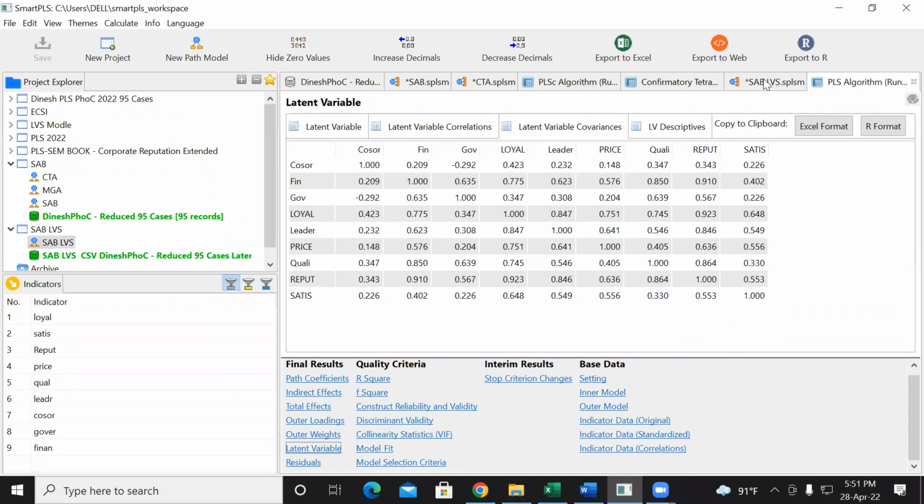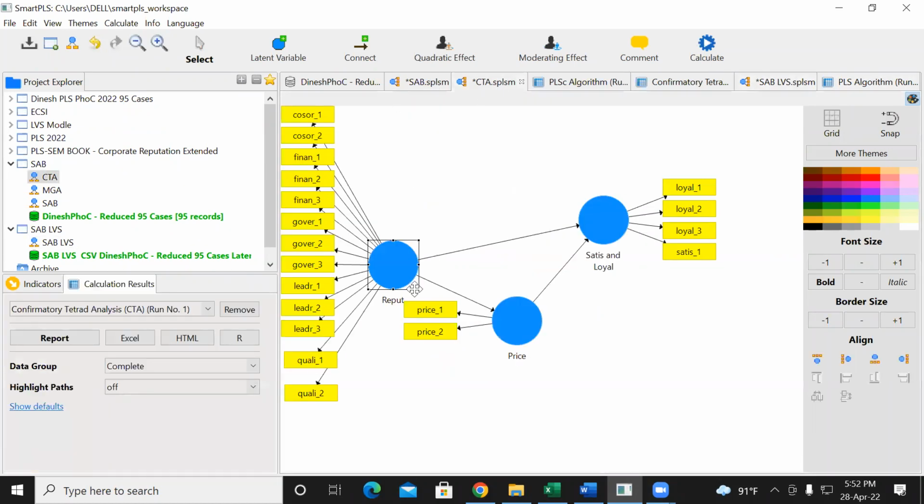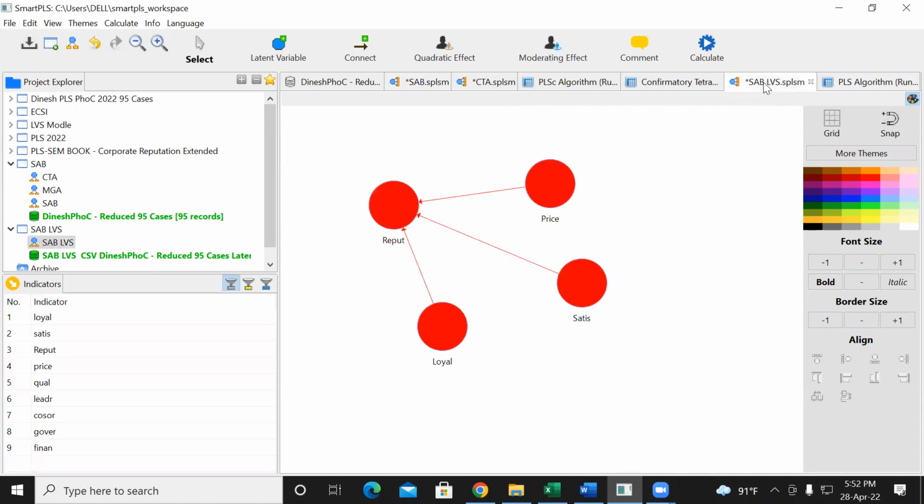But in my new model, I create a new model now. This complex model, reputation, satisfaction, loyalty, pricing, I reduce into a first order model using these latent variable scores. Now I draw the new model using the new data set. Remember, now for reputation, I don't need three things here.